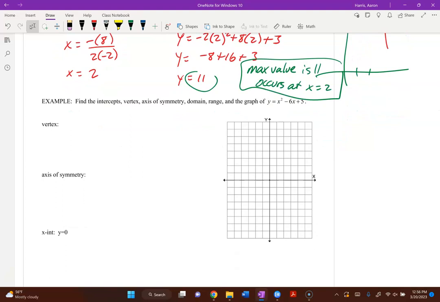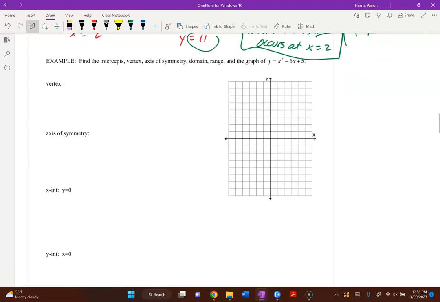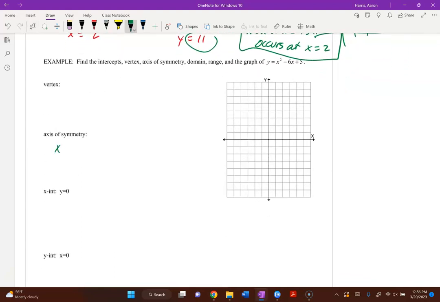All right, let's go ahead and throw all this together again with our x squared minus 6x plus 5. Let's start out with our axis of symmetry. X equals negative b over 2a. Our b here is negative 6. Our a is 1. So we got 6 over 2. So we got x equaling 3.